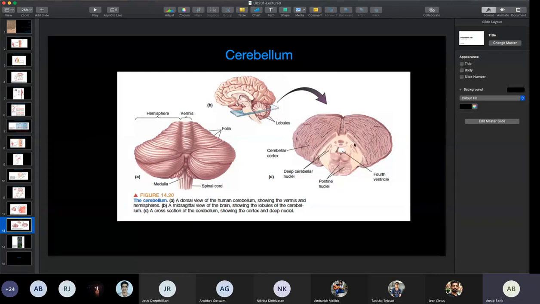The cerebellum plays a very important role in that, internalizing that learning and storing it so that you don't have to consciously wake it up. In collaboration with the motor cortex, it helps you internalize this long-term learning.